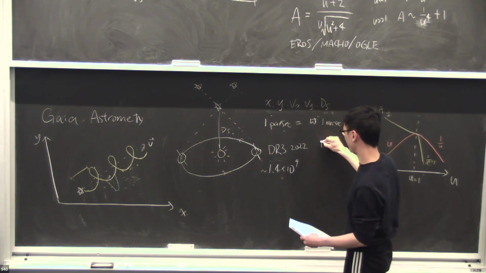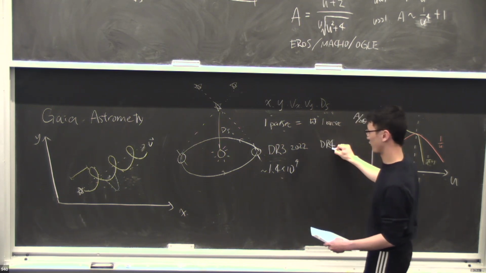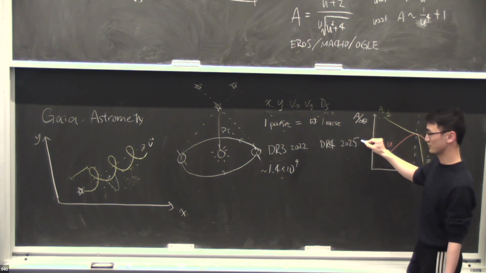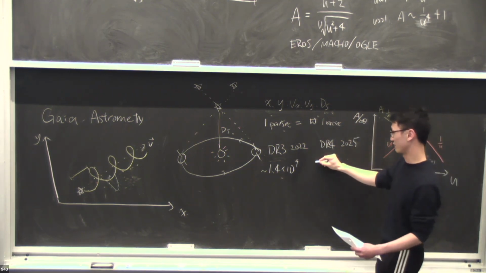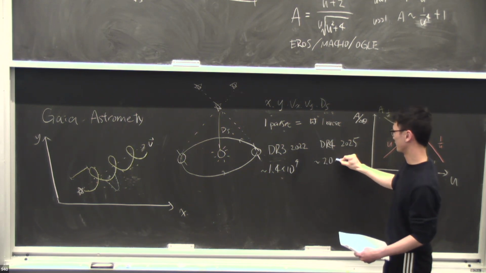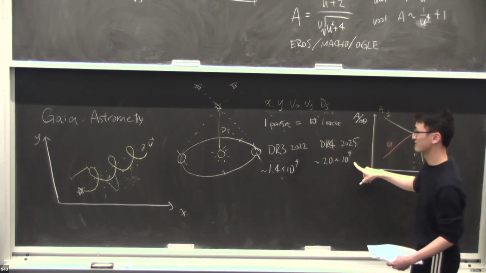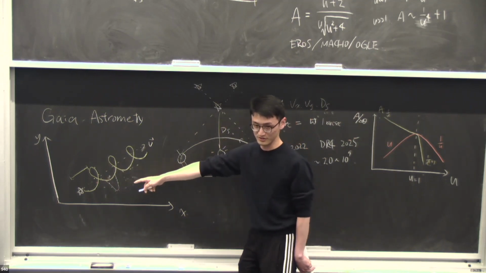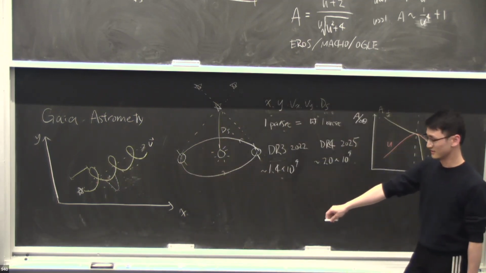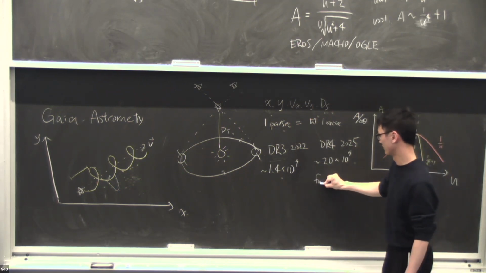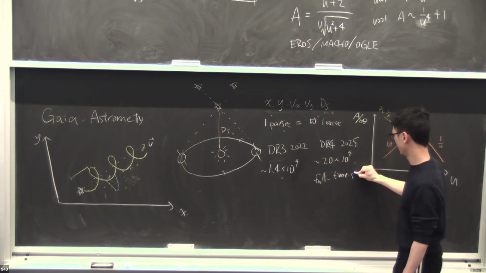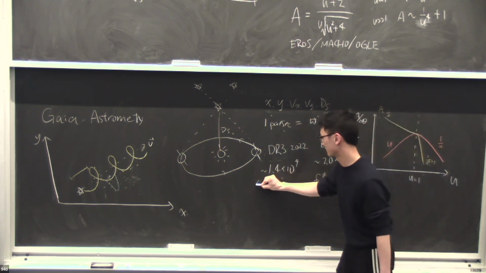What we want is DR4, data release 4, which is projected to be out in 2025, and it will have roughly 2 billion stars, all of them with that information available. And these are just 5 parameters.